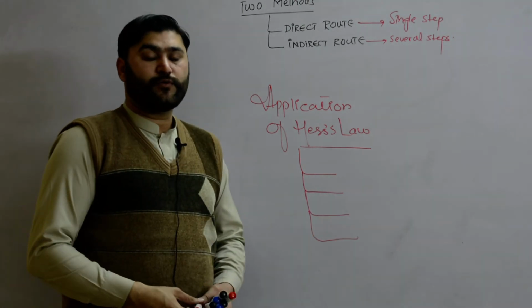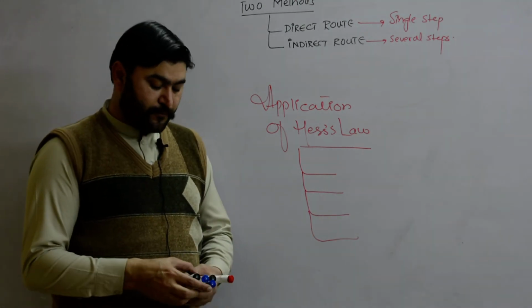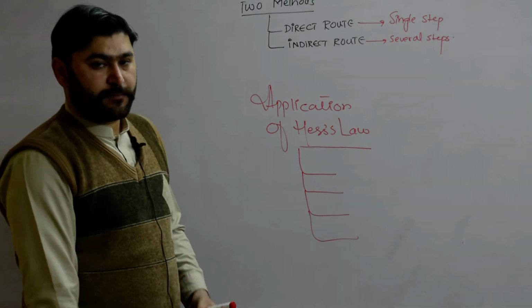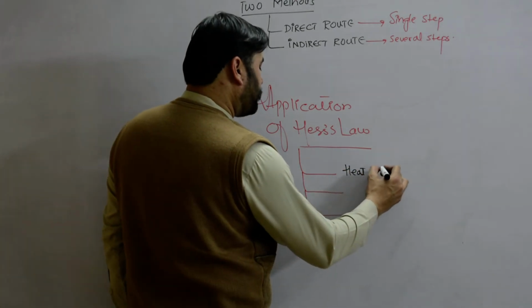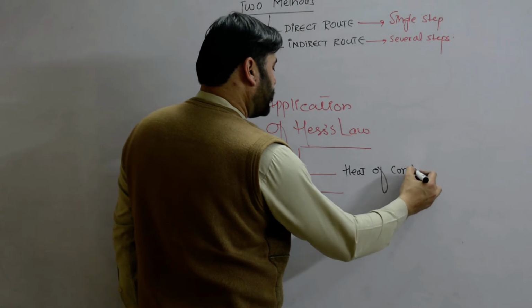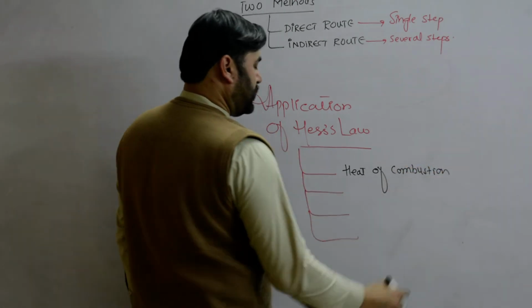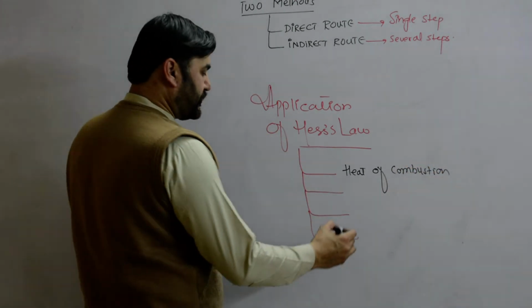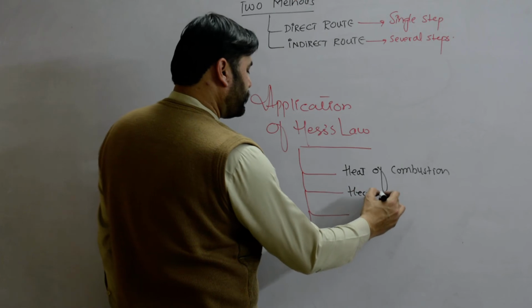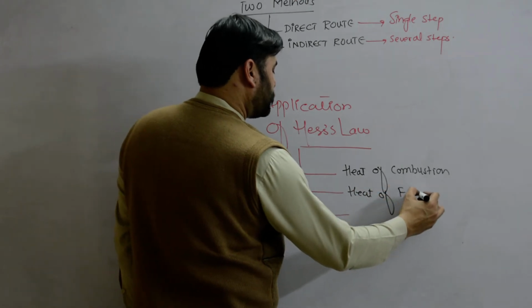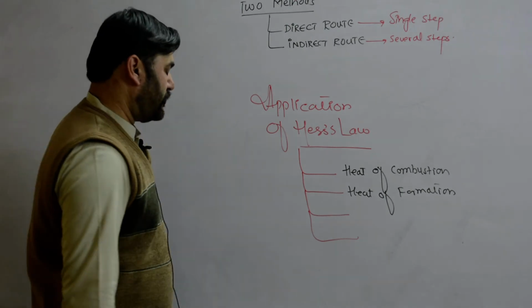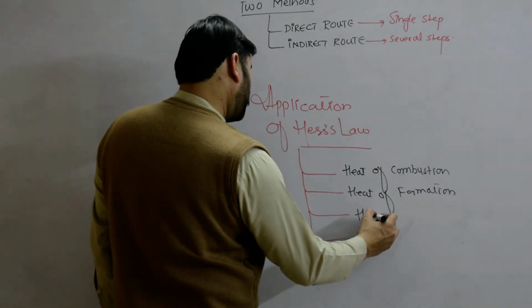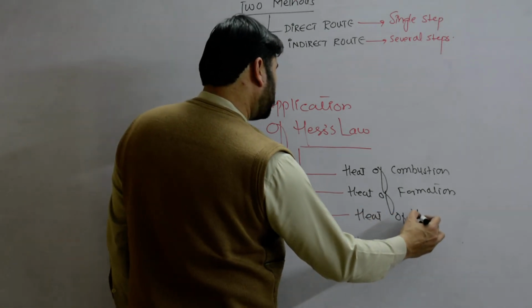If somebody asks you what the applications of Hess's law are, there are 4. The easiest application of Hess's law: number 1, it is used to find heat of combustion. The second one is heat of formation. The third one is heat of neutralization.